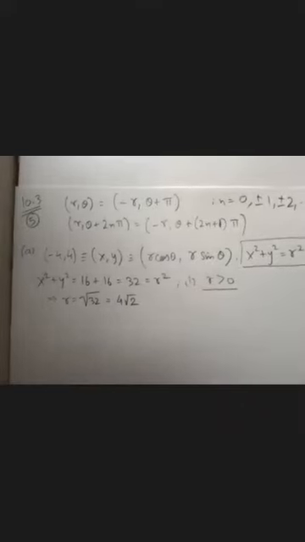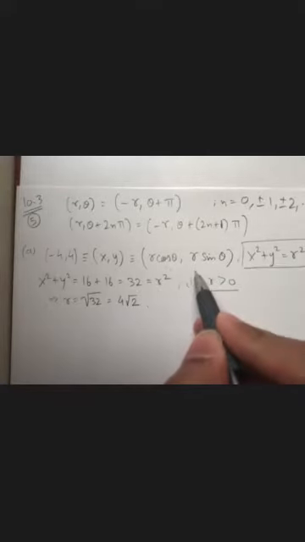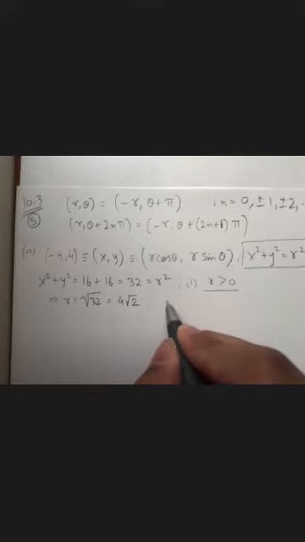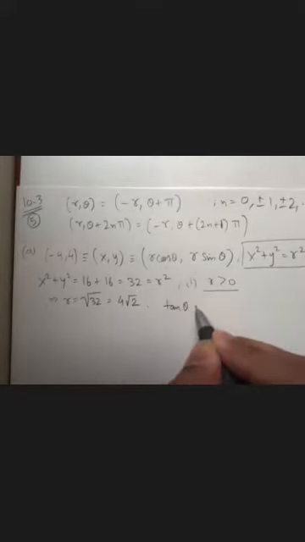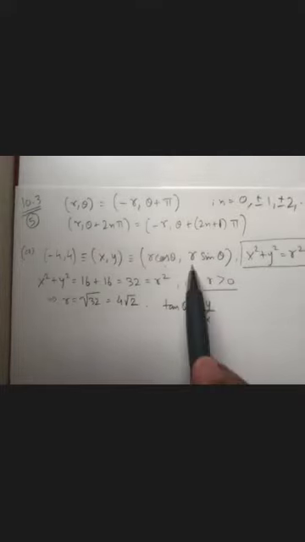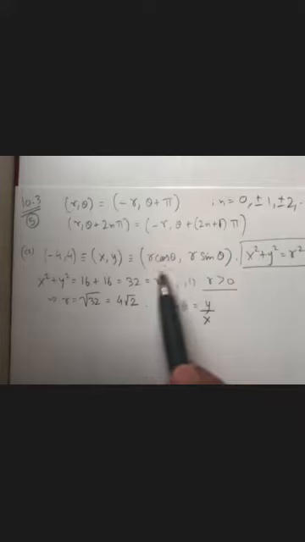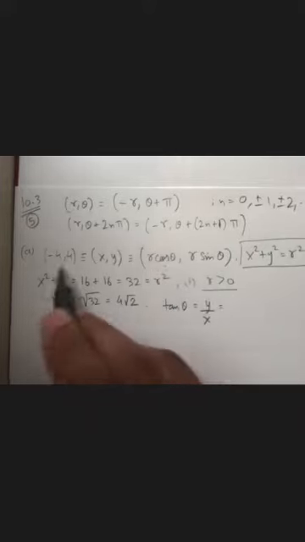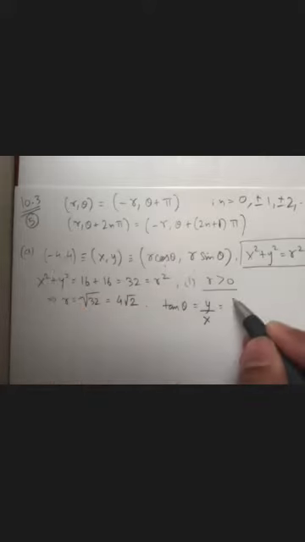Now what is theta? From here we see that tan theta is y over x. Y over x, r cancels out and sine over cos is tan, with x as negative 4 and y is 4.